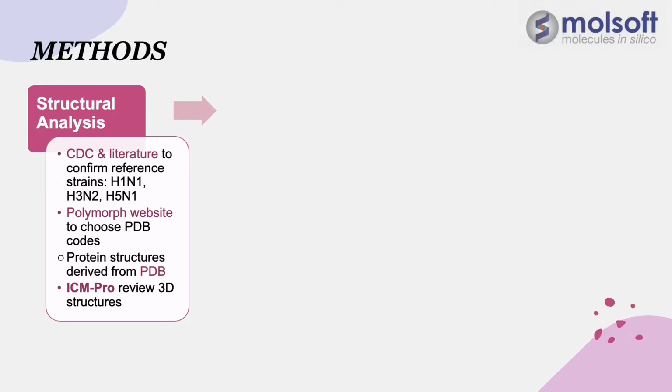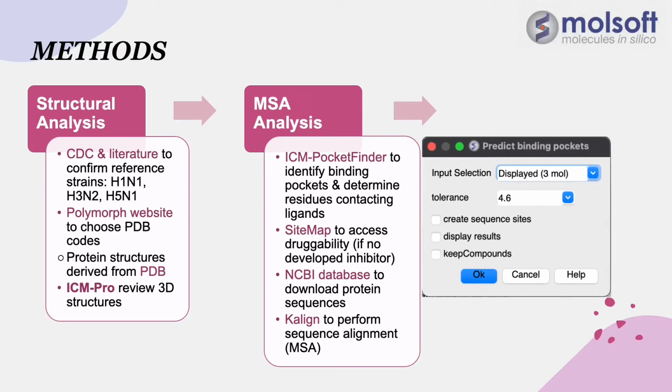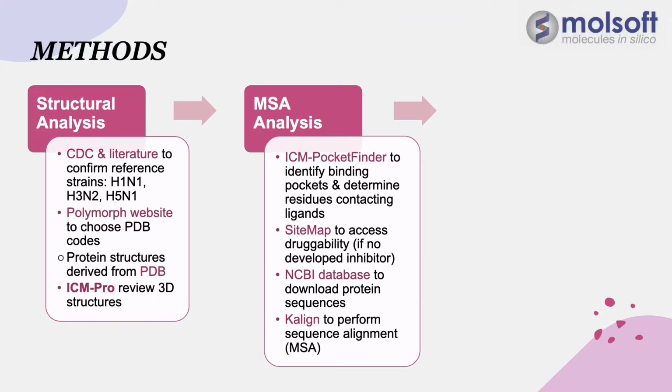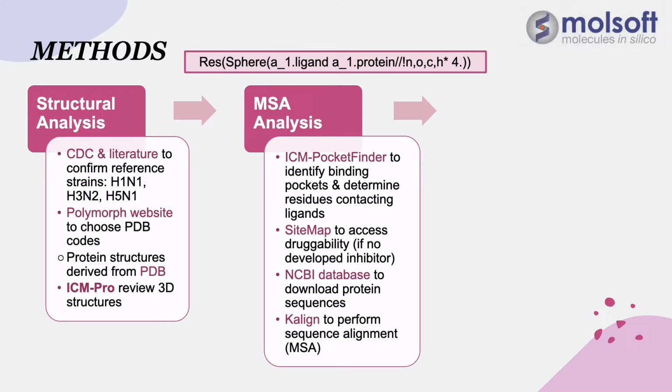The ICM Pocket Finder function was used to identify possible binding pockets for ligand binding on the protein, based on a good potential map of van der Waals interaction, and determine the residues contacting ligands. Note the cutoff is 2.8 angstroms for side chains lining pockets and 4.0 angstroms for side chains lining ligands.